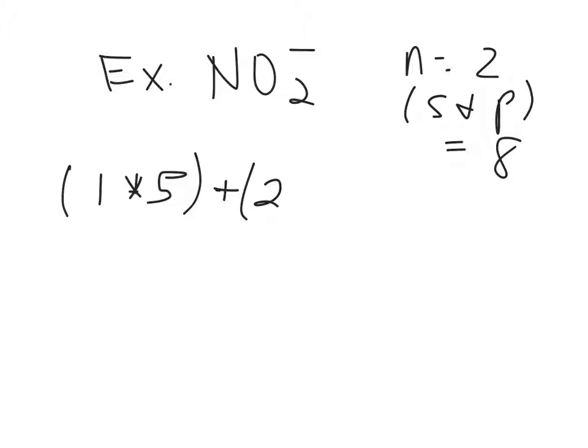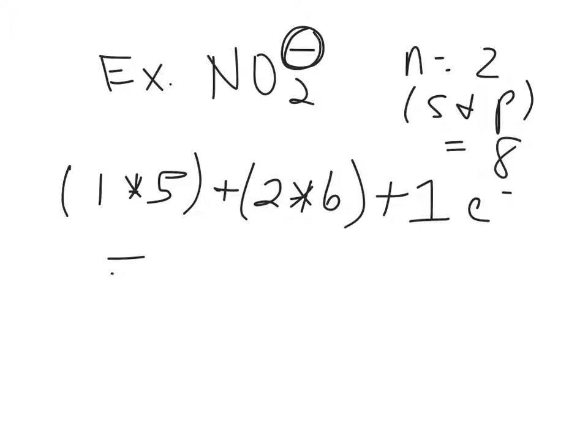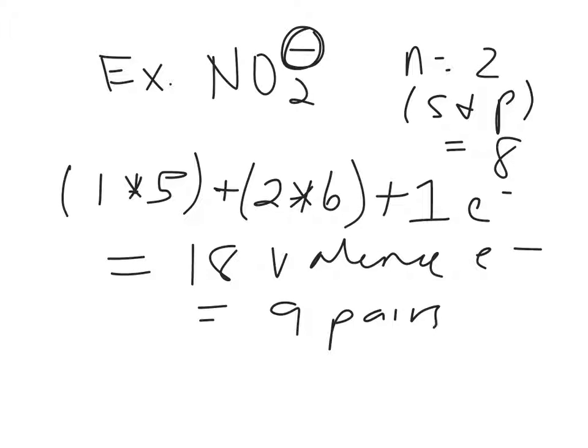Then we've got 2 oxygen atoms times 6 valence electrons. Then, since we have a charge here of -1, we've got 1 extra electron. So this grouping of atoms has gained an electron overall to give it a charge of -1. If you add that up, you've got 18 valence electrons, which is a total of 9 pairs of electrons to show on our Lewis dot structure.